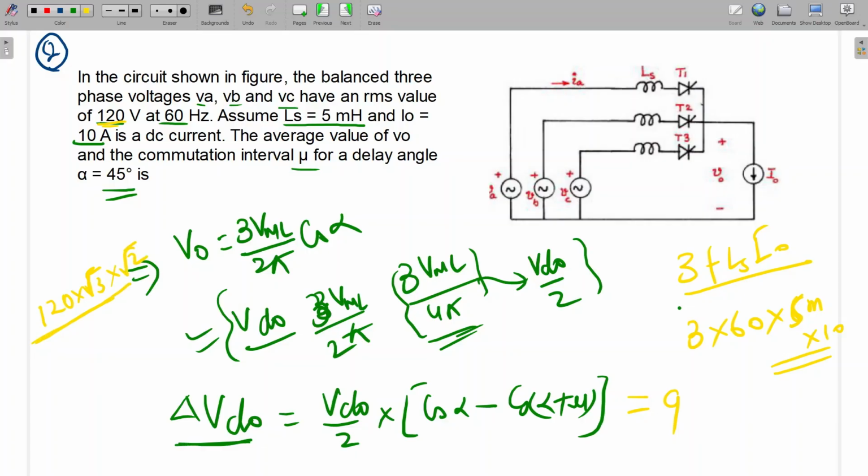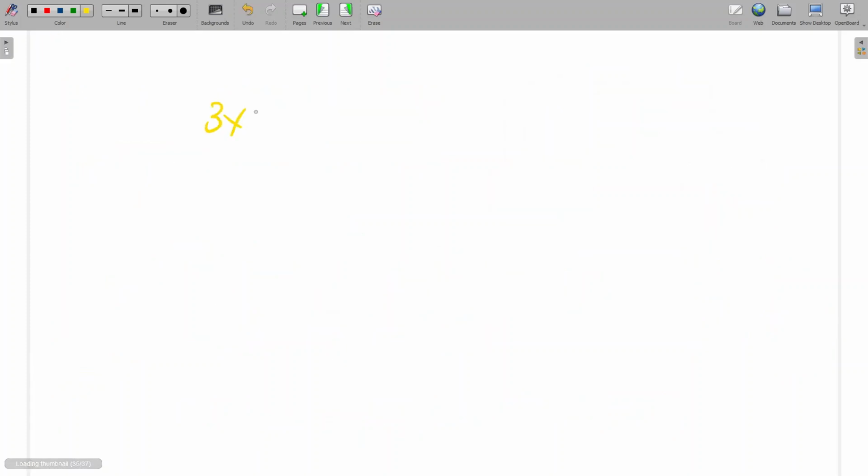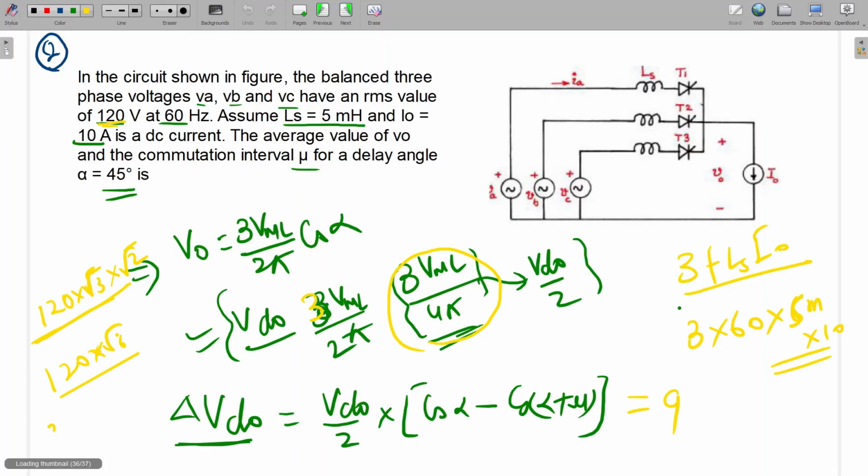So 120 into root 6 is the maximum line to line voltage. So it will be 3 into 120 into root 6 divided by 2 pi, but Vd0 by 2 will be 4 pi. So 3 into 120 into root 6 divided by 4 pi. This is Vd0 upon 2.